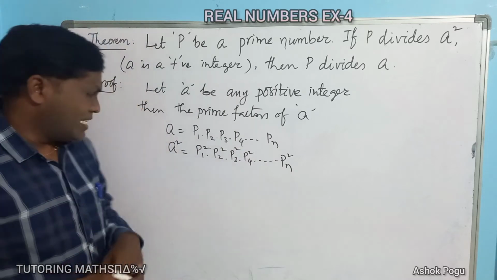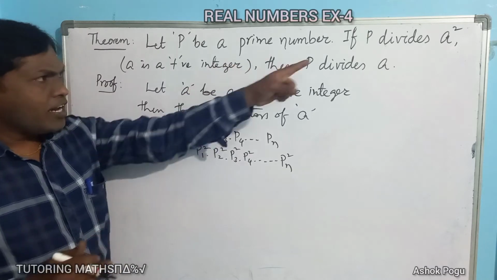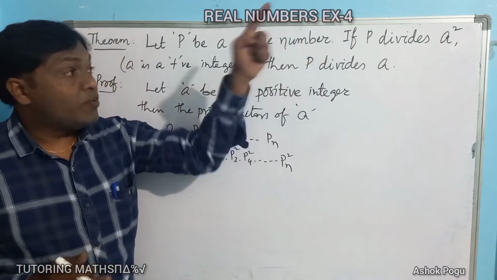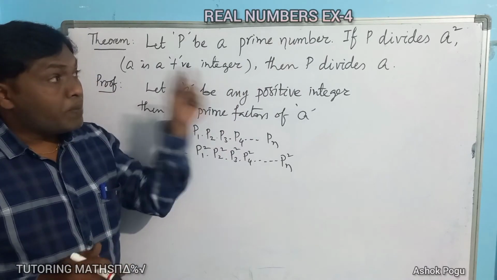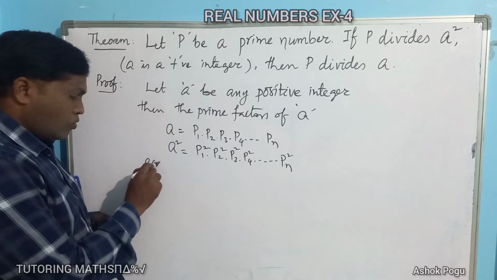Now the question is, if p divides a square, then according to the fundamental theorem of arithmetic, p is a factor of a square.